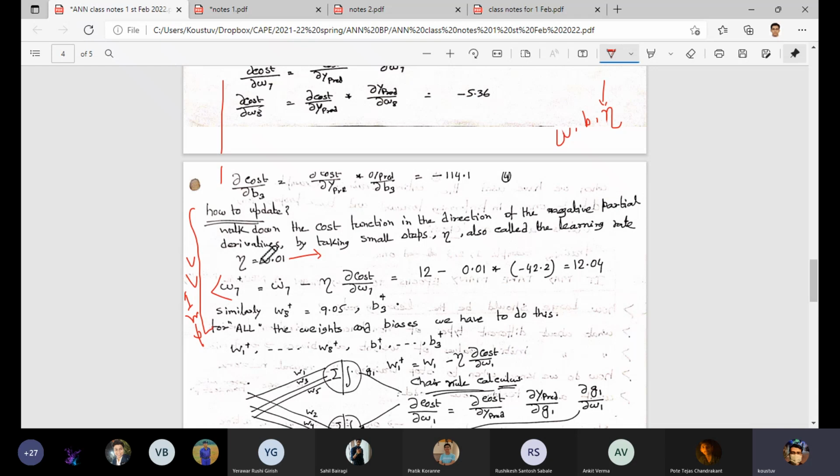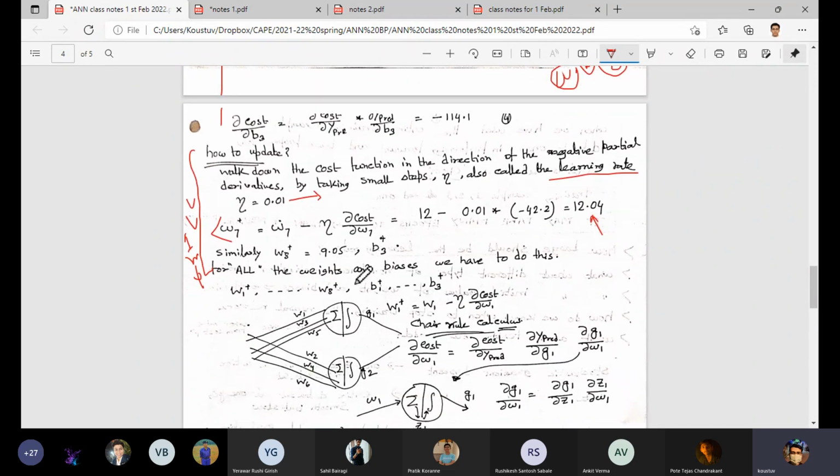What are the implications of the learning rate? This is very important. Just like weights and bias, the learning rate is also a very important parameter. Initially we have just taken 0.01 and updated the weights. We have got W7. Similarly, we can get W8, B3 like that.